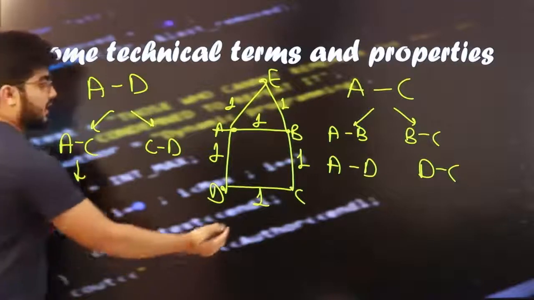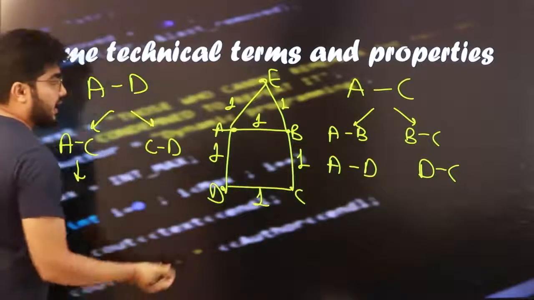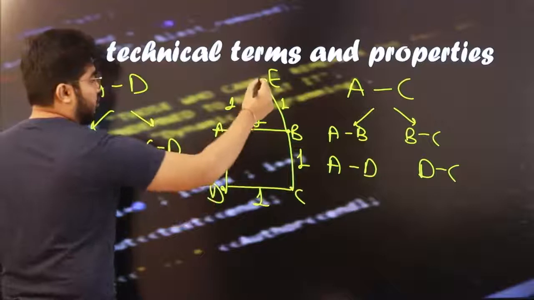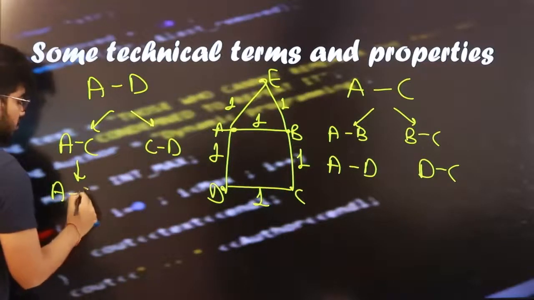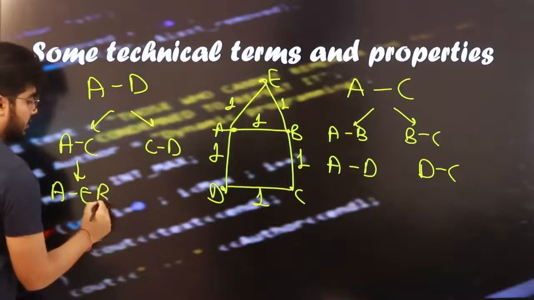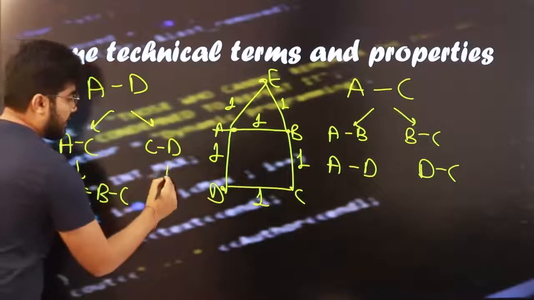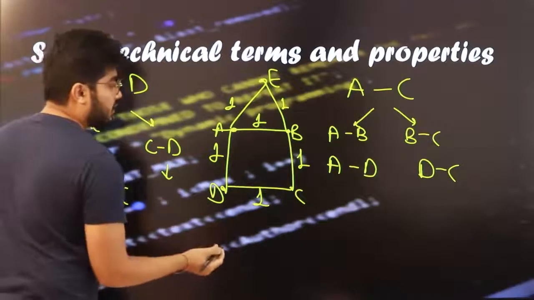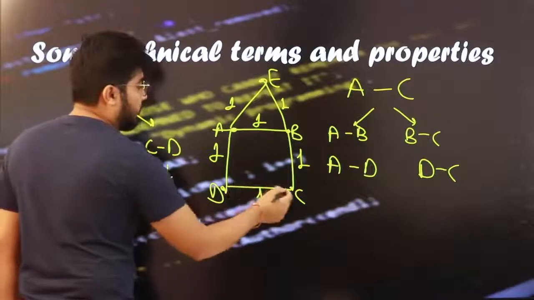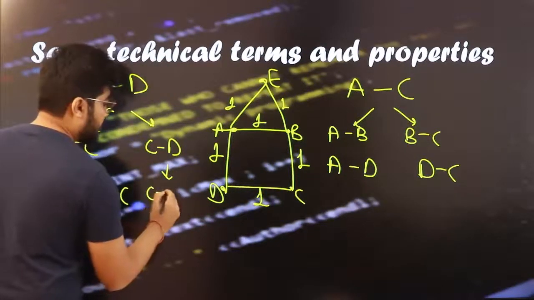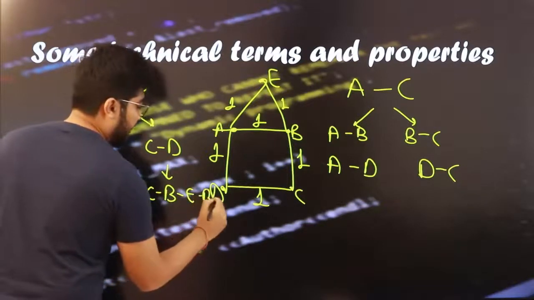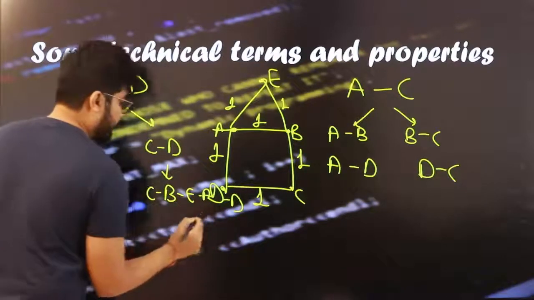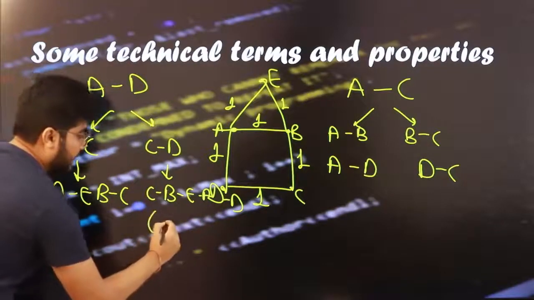Now in order to find the largest path between A to C, the largest will be A to E to B to C. And what will be the largest path from C to D? The largest path from C to D will be C to B to E to A and to D. Okay?